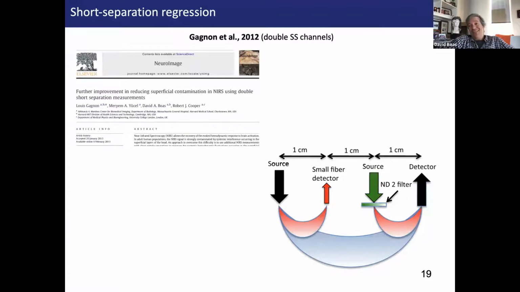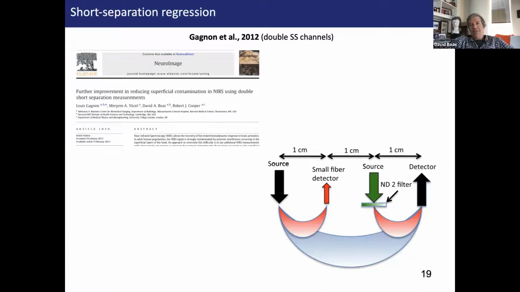So we were super excited because sometimes it worked incredibly well, right? But as we did it more and more, in the majority of subjects, it was actually filtering out our brain activation, right? It took us a few years, but we figured out that the times it worked really well was when the variance in the signal was dominated by the systemic physiology.